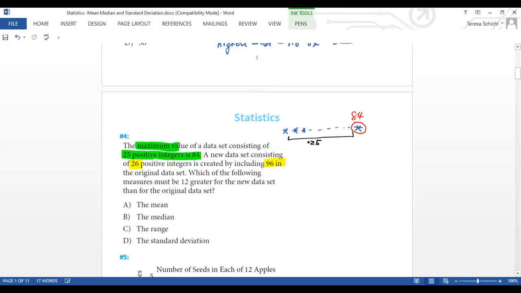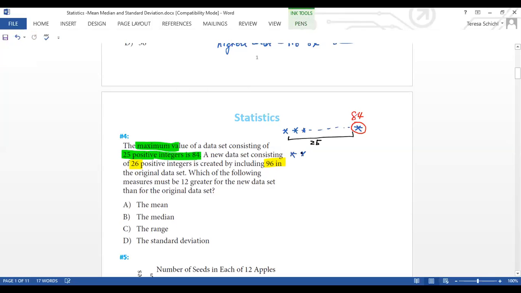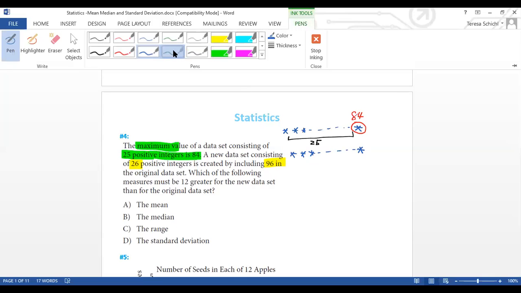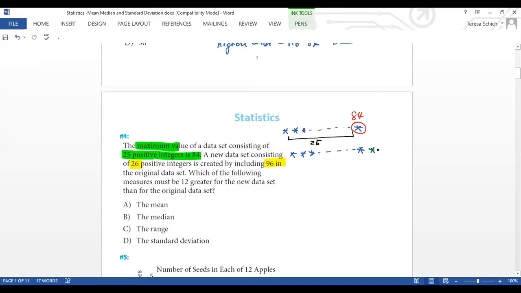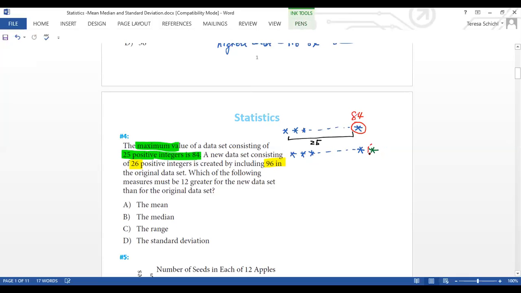In the new data set you still have your previous 25, and now I'm adding a new one, which is 96. Which of the following measures must be 12 greater for the new data set than the old data set?